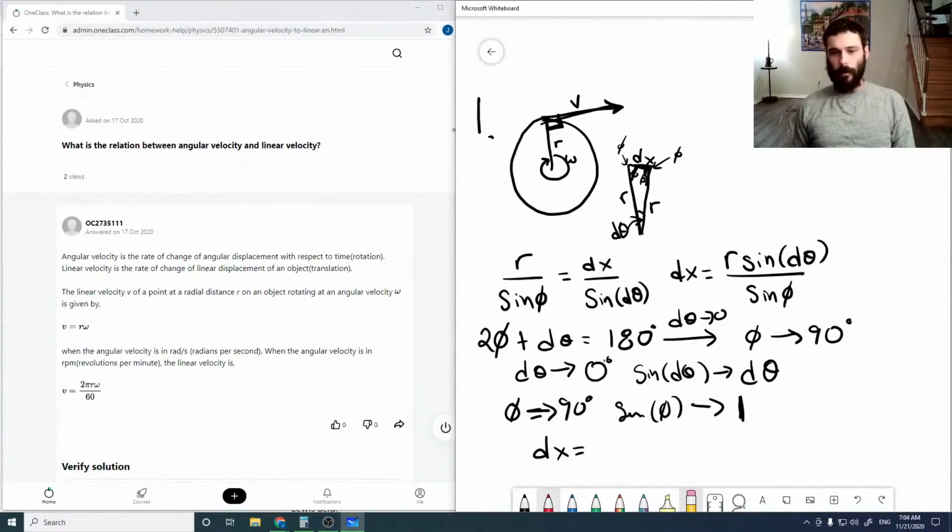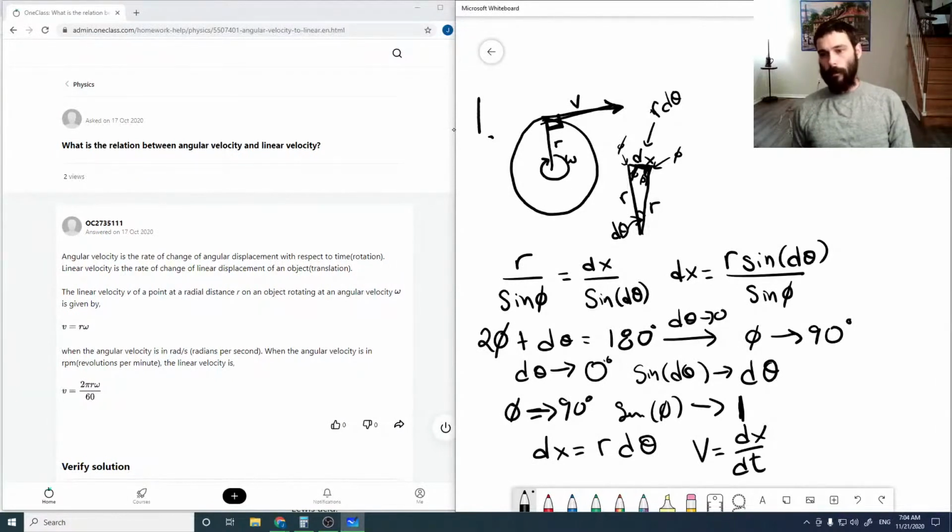So that means that dx is r d theta. If we recall, v, our speed, is just dx by dt, which is r d theta by dt, but d theta by dt is omega, so r omega.